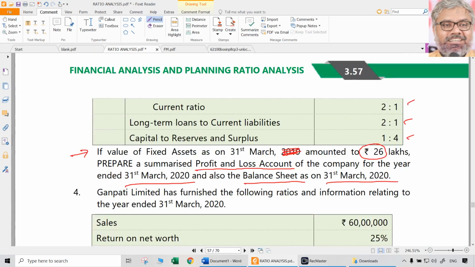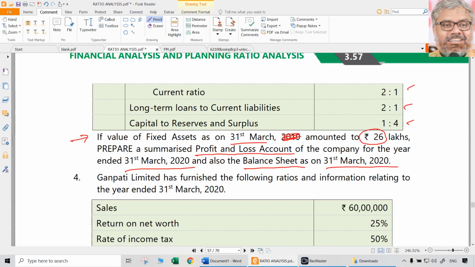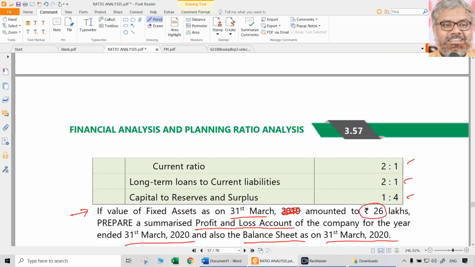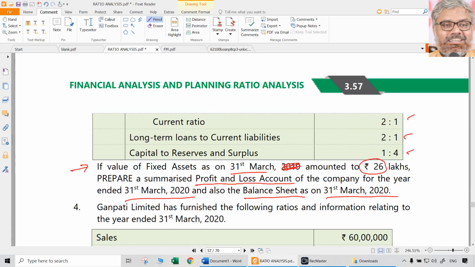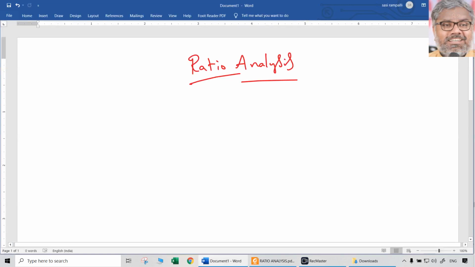So change this one to 2020. The value of the fixed assets is 26 lakhs. That is the only amount. From that, we have to break down and find out all the possible data we can.